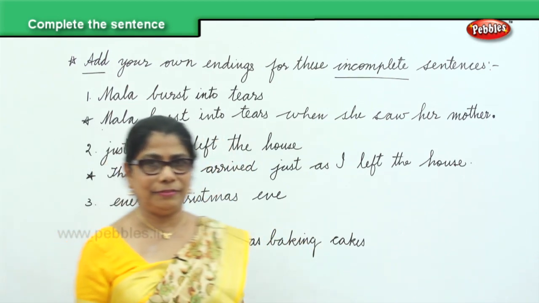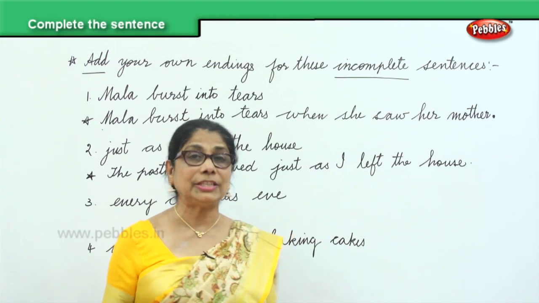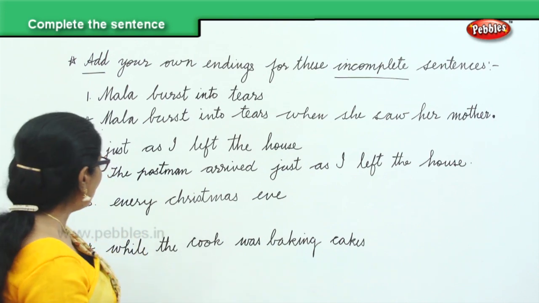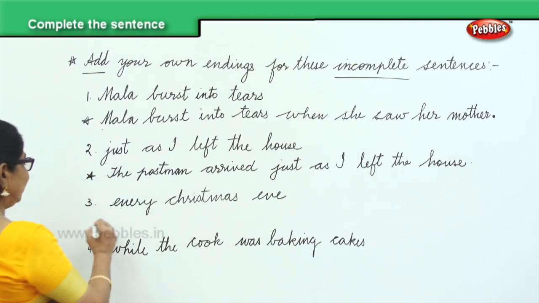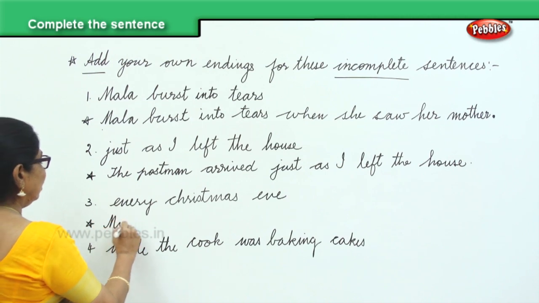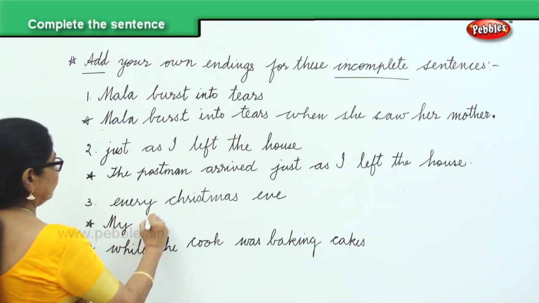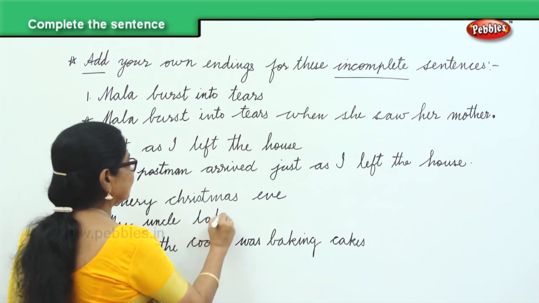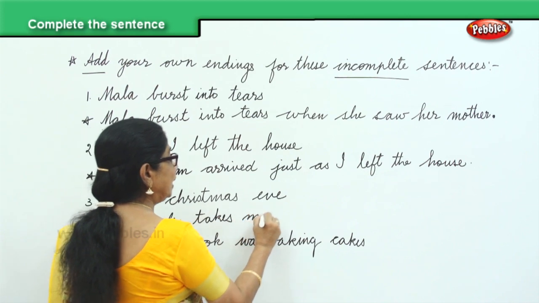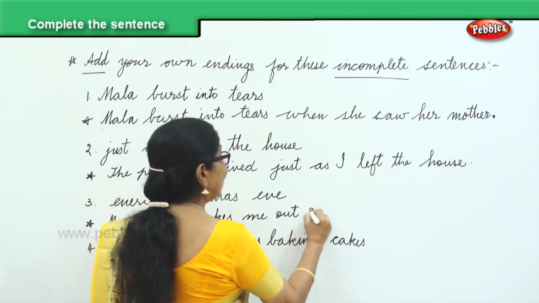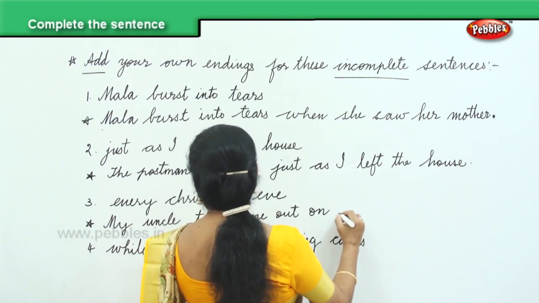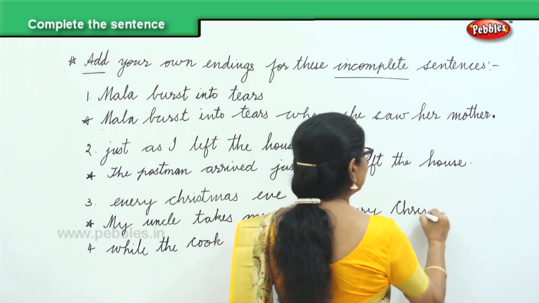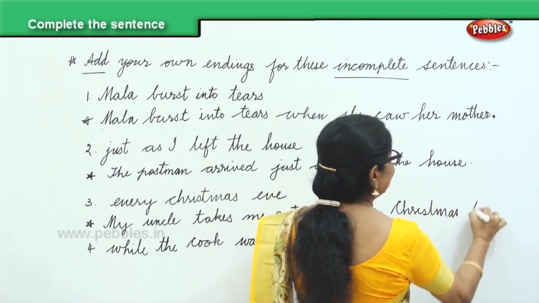Every Christmas Eve. What will you write? Every Christmas Eve, we go out, or my mother takes me out on every Christmas Eve. You can say, my uncle also, or my aunt. My uncle takes me out on every Christmas Eve.